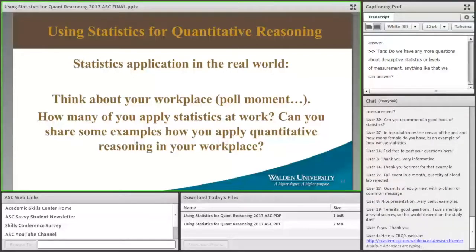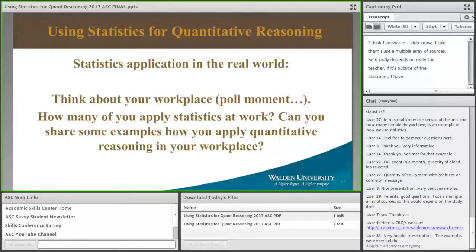We have one question about a recommendation for a good statistics book. Yeah, I think I answered, and I told them that I use a multiple array of sources. This really depends on the teacher. If it's outside of the classroom, I have a 1988 copy of a Cohen and Cohen book on multiple regression.